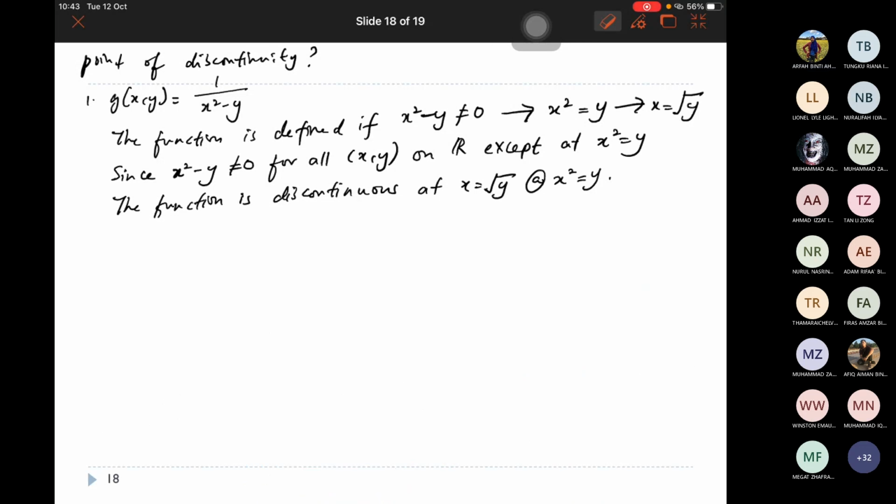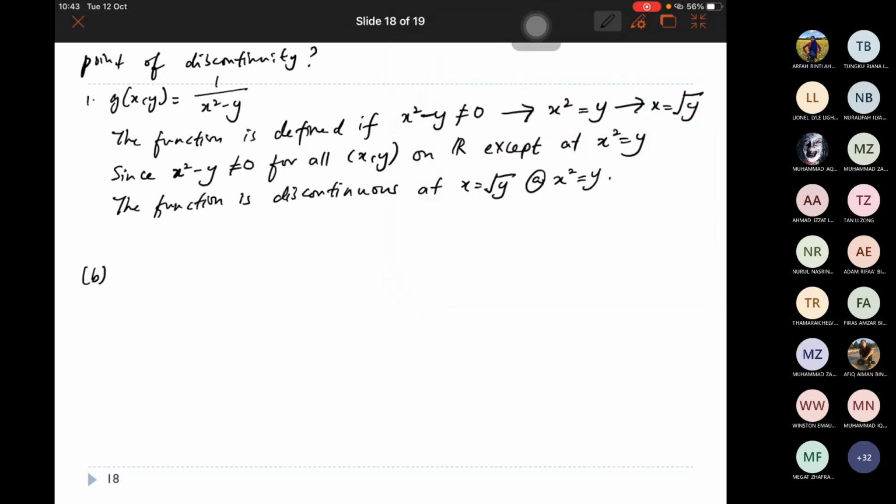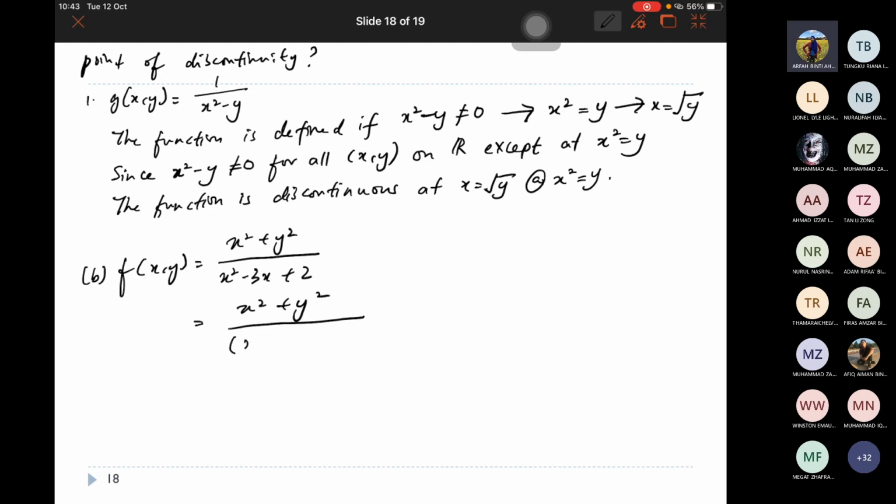Okay. So those who have finished, cuba buat soalan B. f(x,y) equal to x squared plus y squared over x squared minus 3x plus 2. Kita boleh simplify this function akan sama dengan x squared plus y squared over (x tolak 1)(x tolak 2). Okay, So cari dekat mana function ini undefined.